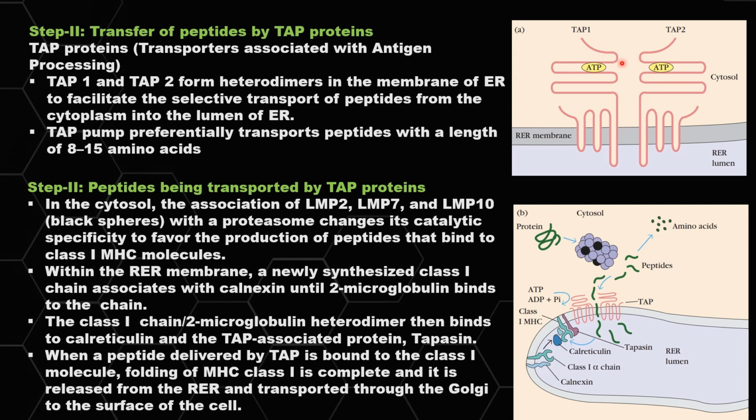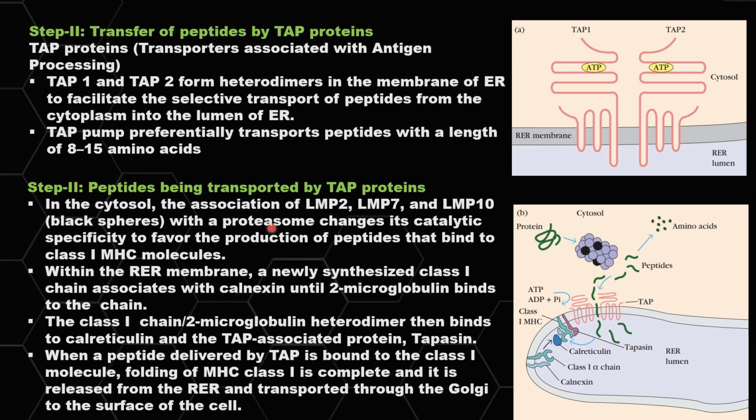So once there is a degradation of the peptide, these peptides get inside the ER lumen through the TAP protein. These TAP proteins transport these peptides inside the ER lumen, where they are presented to the class 1 MHC. So step 2 is peptide being transported by TAP protein.